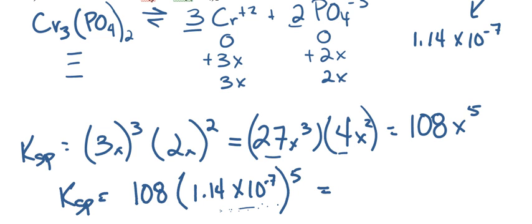I still have this in my calculator, which is nice, because I can do caret 5. And that gives me 1.92 times 10 to the negative 35. And then I'll multiply that by 108. So I get 208 times 10 to the negative 33. Again, a really small value here.